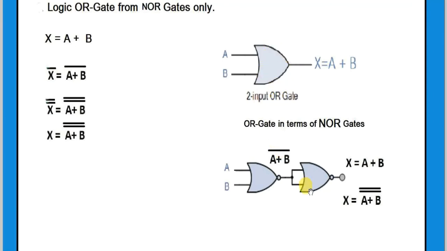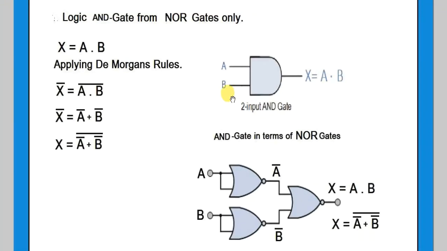Now to express the logic AND gate from the NOR gates only, we have the typical Boolean expression for the AND gate, X is equal to AB. Applying De Morgan's theorem rules, we take the first complement, then that complement is converted into individual complements with the sum, then again we take the complement. So A complement plus B complement with the whole complement. So we need three NOR gates.